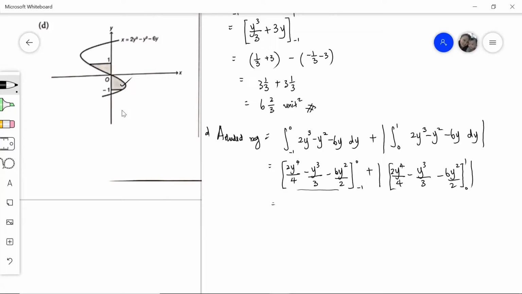Okay, now, so for this one, let's simplify this part first. So we have y to the power of 4 over 2 minus y cubed over 3 minus 3y squared. Okay, from -1, 0.